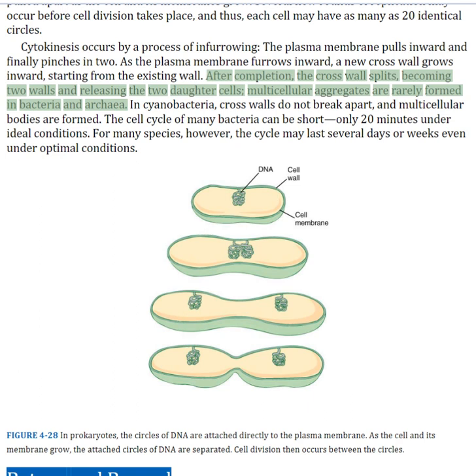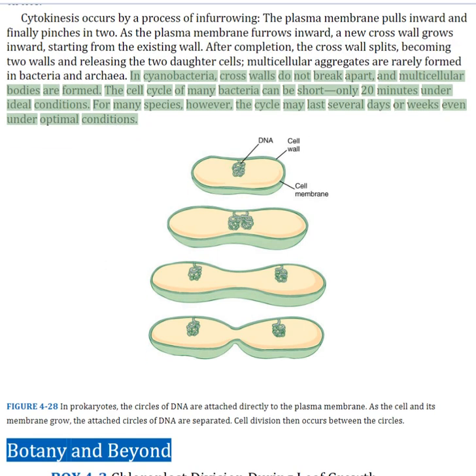Multicellular aggregates are rarely formed in bacteria and archaea. In cyanobacteria, cross walls do not break apart, and multicellular bodies are formed. The cell cycle of many bacteria can be short, only 20 minutes under ideal conditions. For many species, however, the cycle may last several days or weeks even under optimal conditions.